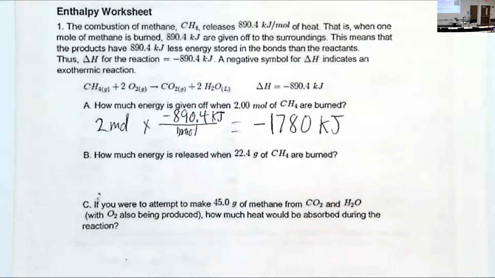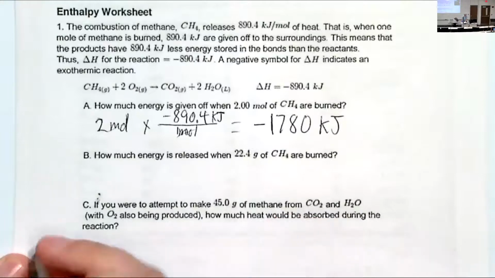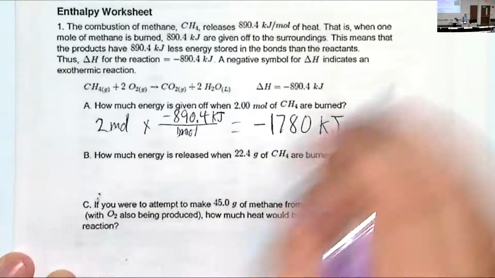All it's doing is adding an extra step, which is what most of your homework does. It'll give you grams and ask you to go through the reaction, and you'll end up having to convert to moles. That's what most of the homework and quizzes are like, especially on Newton. I don't know about Professor Hakiki.